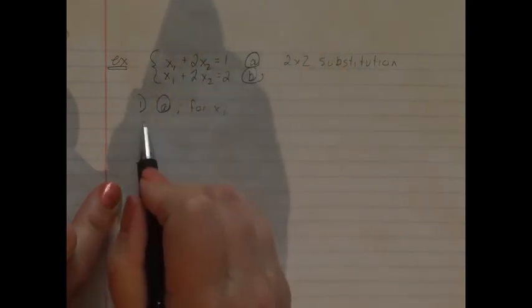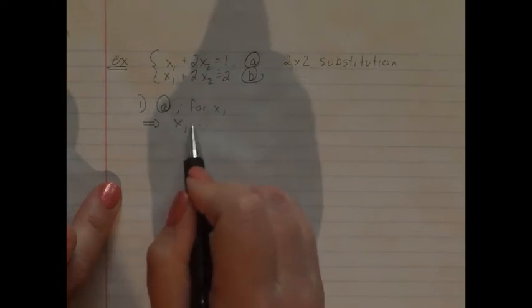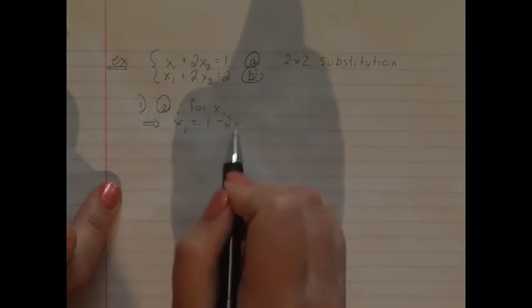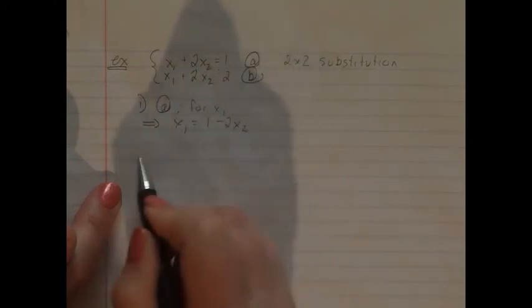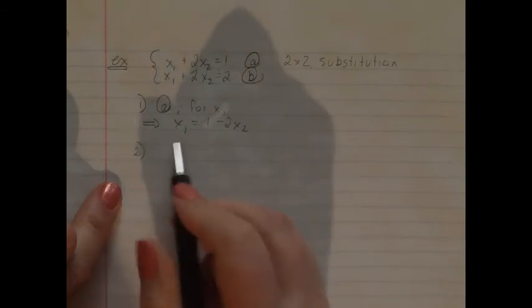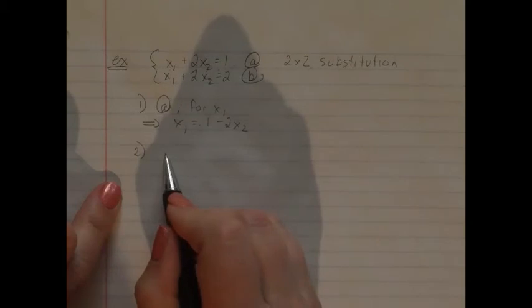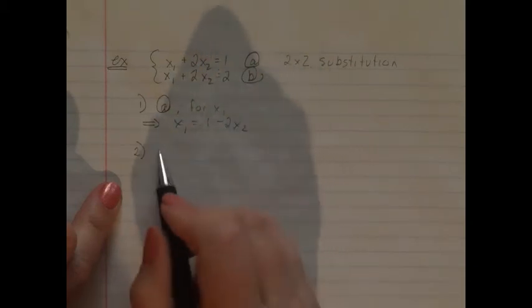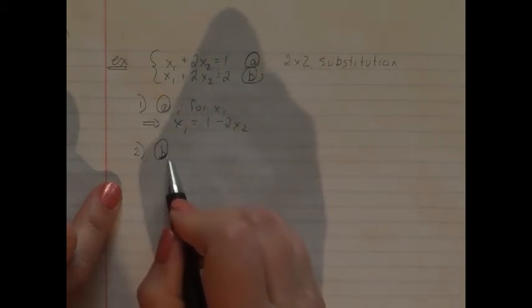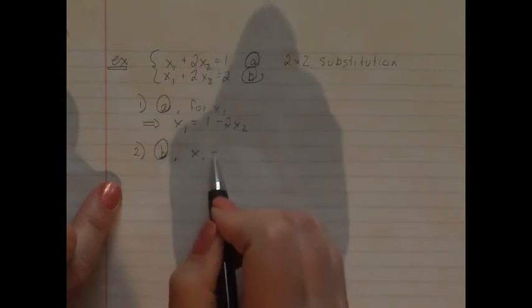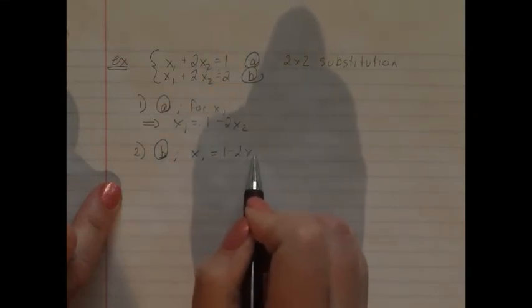When I do that, I get x1 is equal to 1 minus 2x2. The second step that I'm going to do is take x1 and plug it into equation B. So I'm going to be using equation B where x1 is equal to 1 minus 2x2.